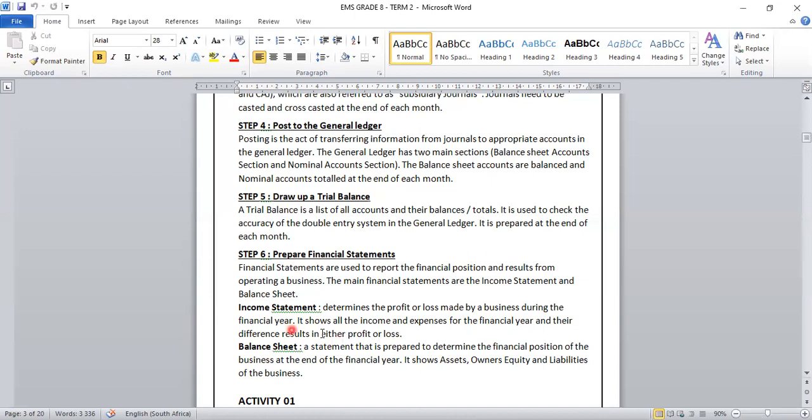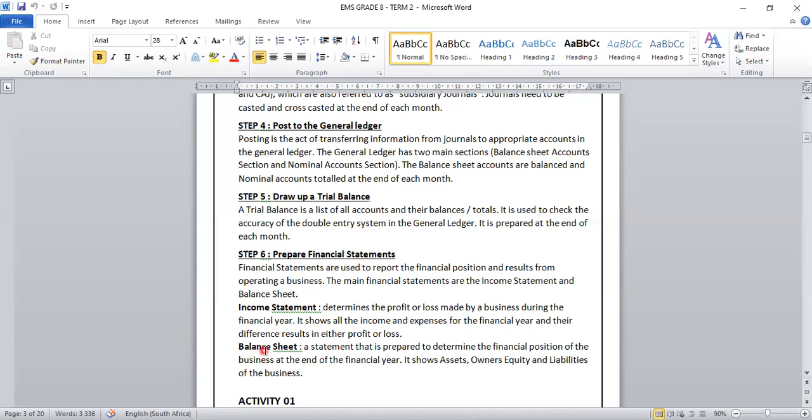An income statement actually shows the income that we received as a business for a 12-month period, and also the expenses that we paid for the 12-month period. Then it will show us whether we made a profit or a loss for this particular period.